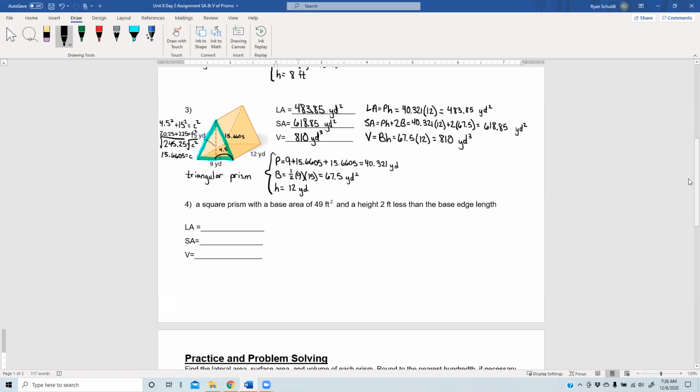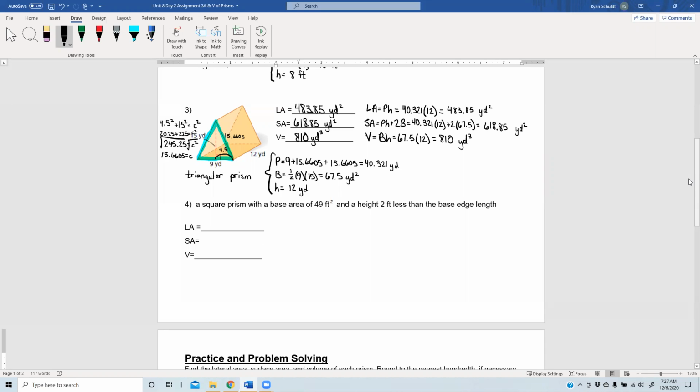Okay, a square prism with a base area of 49 feet squared and a height 2 feet less than the base edge length. Well, they don't give us much info, but we've got to find the lateral area, total surface area, and volume.